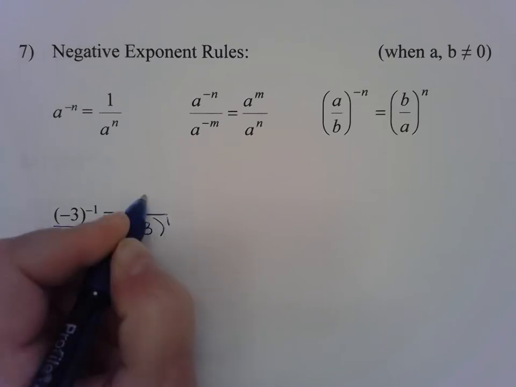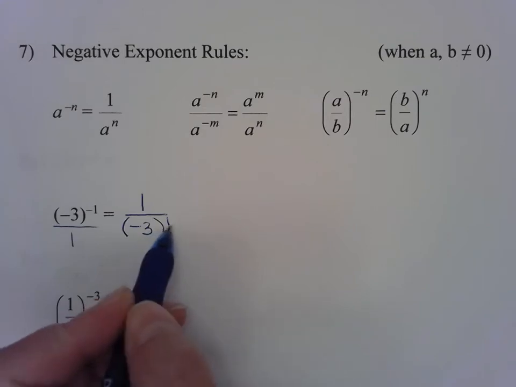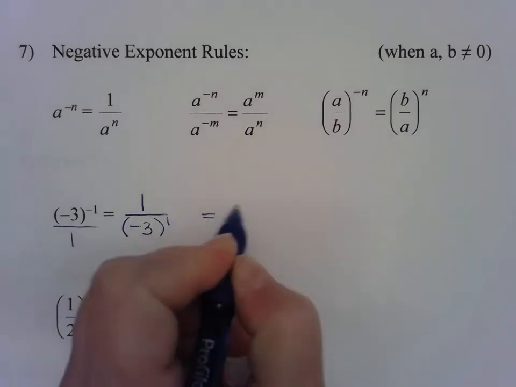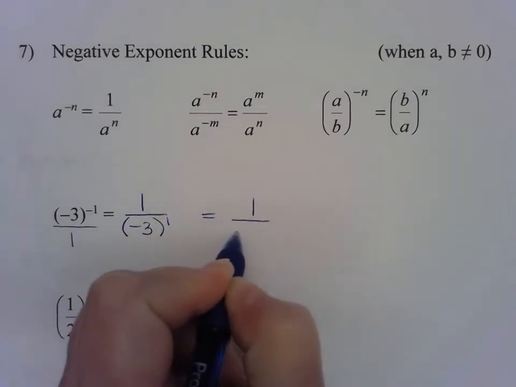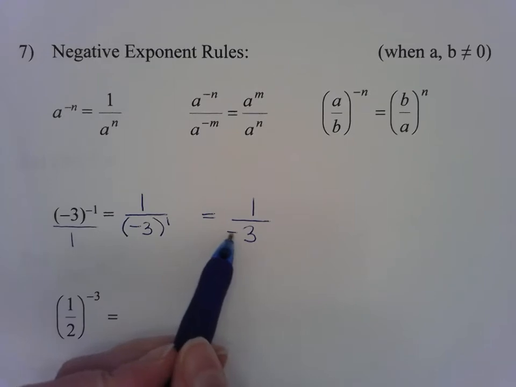If there's nothing left in the numerator, there's a 1 there to hold the place. That's that identity again. Anything to the first power is just itself. So really this is -1/3.